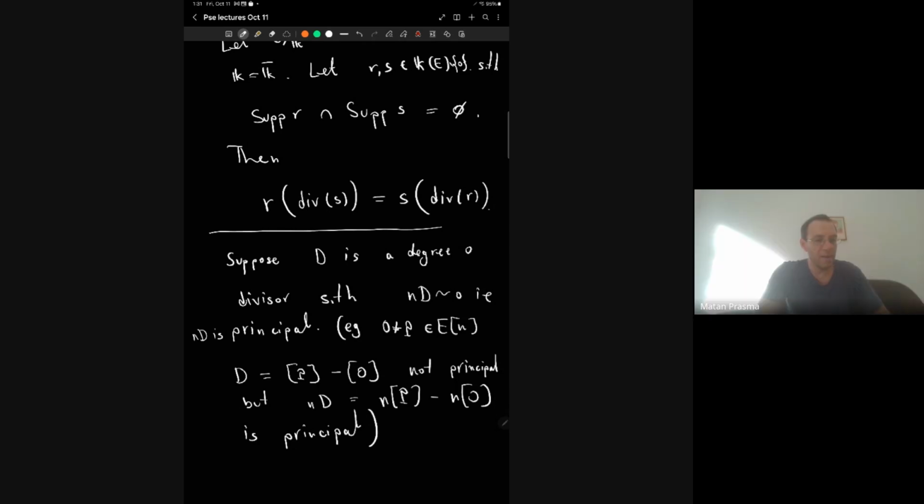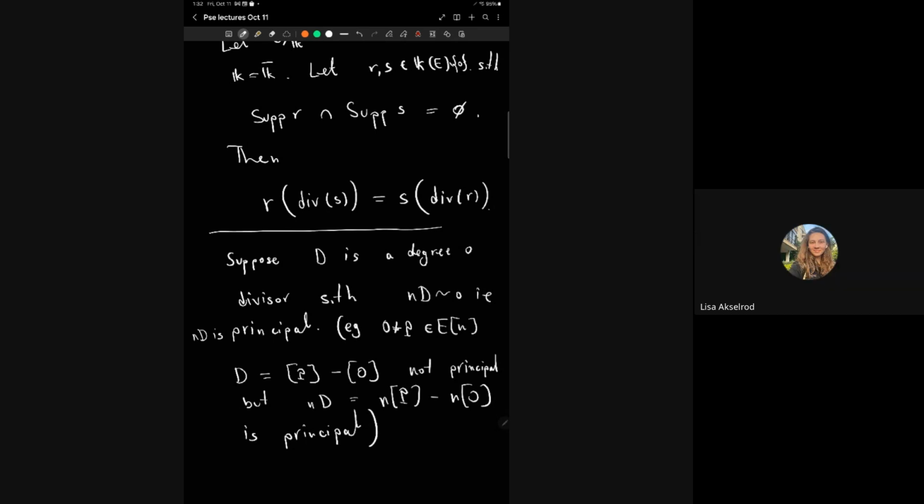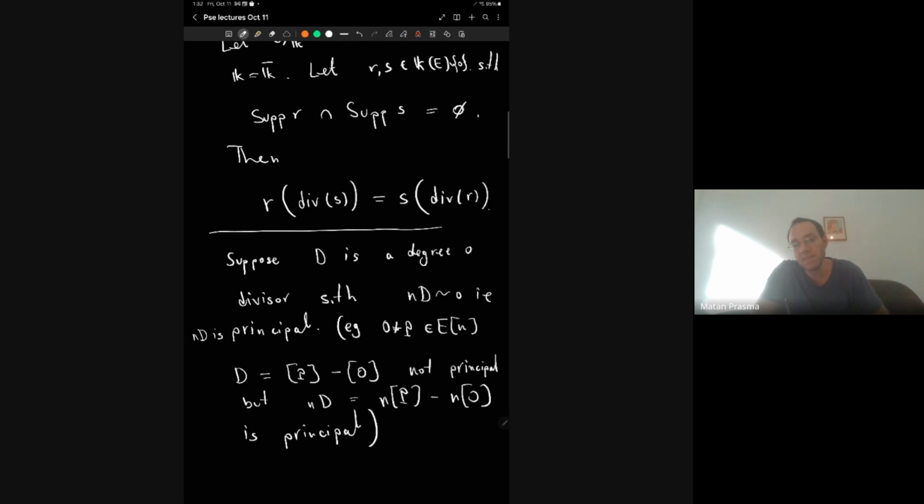When we talked about divisors, we defined an equivalence relation by saying that two divisors are equivalent if their difference is principal. So to say that something is equivalent to the zero divisor is to say that this something minus the zero divisor is principal, which is just saying that this divisor is principal. Okay, thank you.